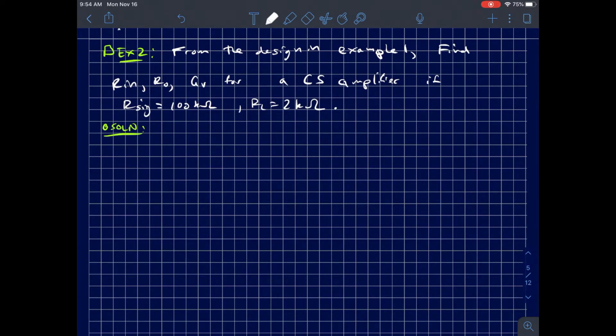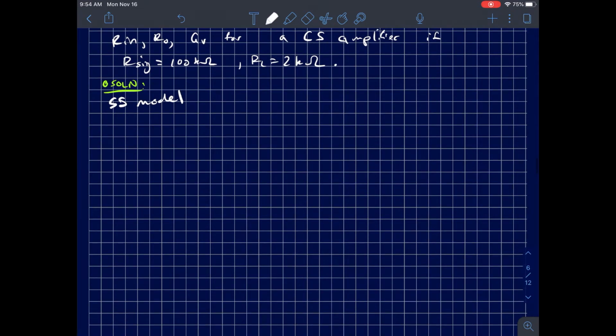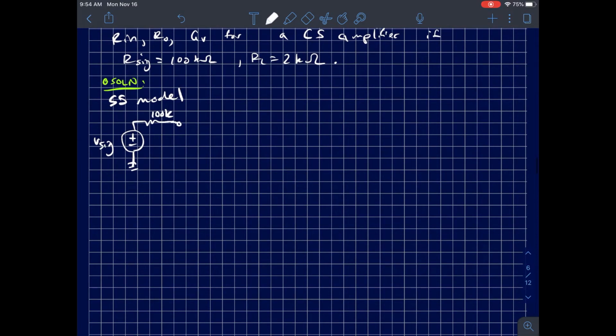To solve this, I need my small signal model. So let's go ahead and draw that. I've got Vsig on the left over here and Rsig in series with this. That's 100K based on the problem statement. And based on the design above, I had RG1 and RG2 as 5 meg and 2.5 meg, and I measure across that VGS, and I've got a dependent current source, which is gm VGS, so that is 2 mA/V times VGS.